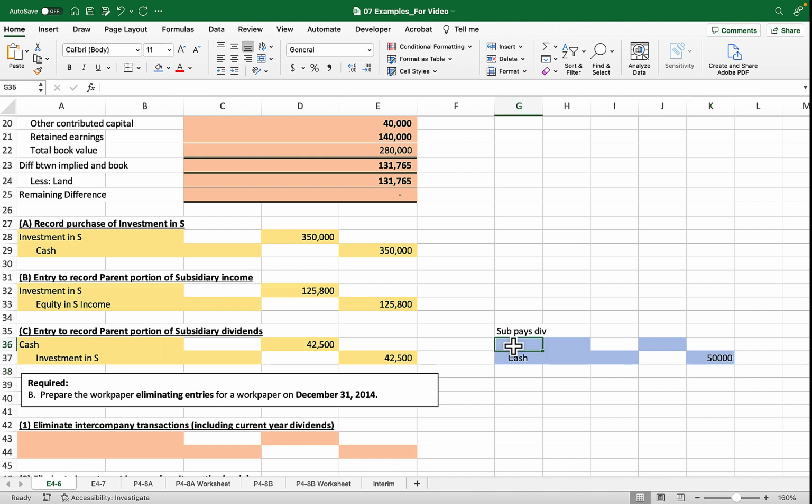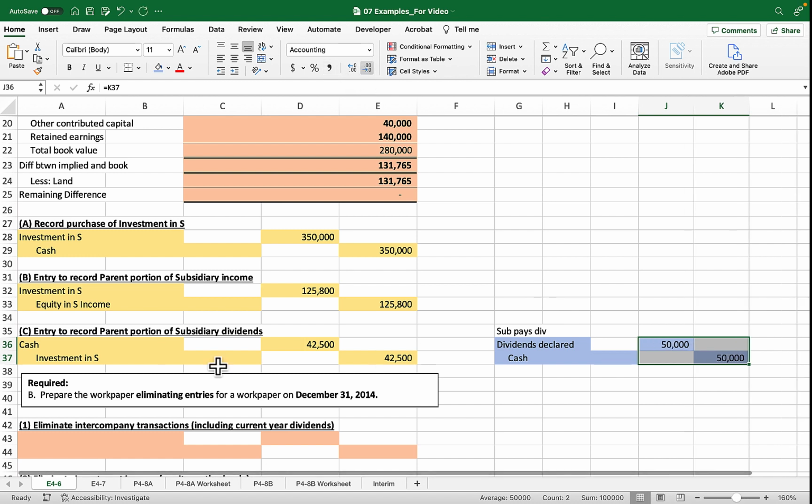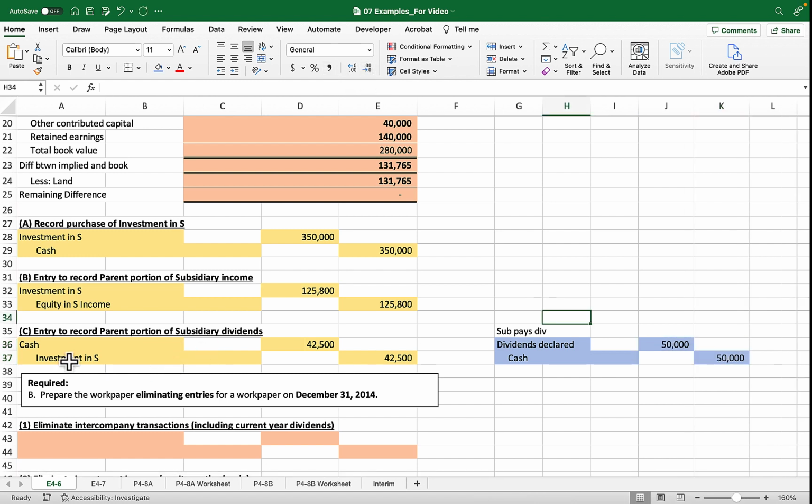And they are declaring dividends. So they're going to say dividends declared. So this is an intercompany transaction because we don't care about the cash.